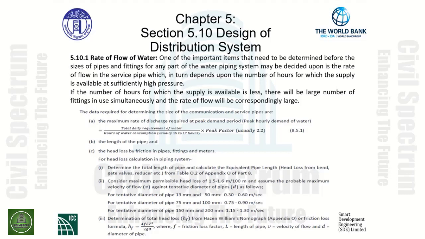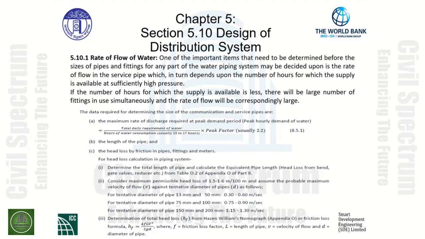Item B, data required additionally is the length of the pipe. And in item C, the head loss by friction in pipes, fittings, and meters. For the head loss calculation in a piping system, we need to determine the total length of pipe and calculate the equivalent pipe length.